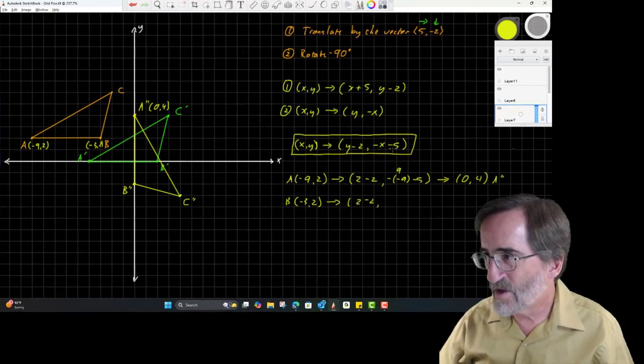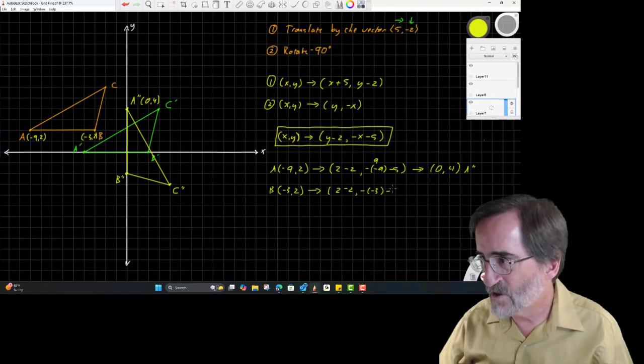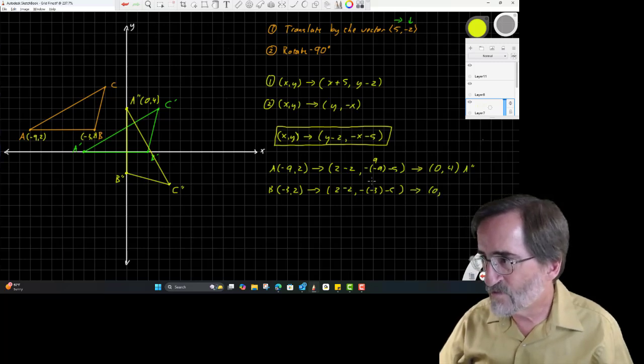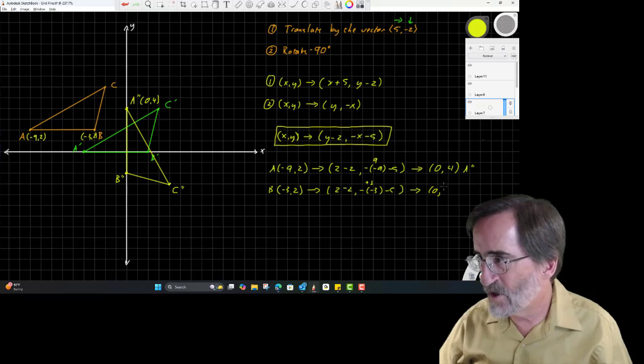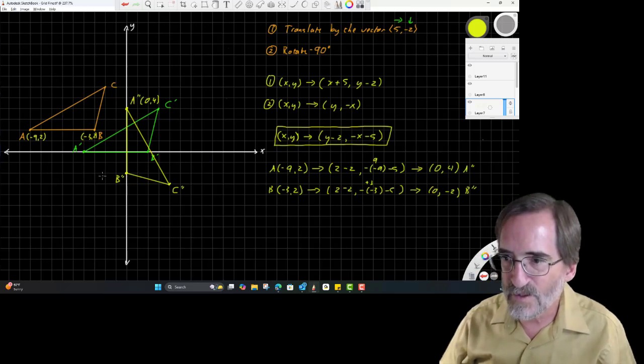Negative x minus 5, negative of negative 3 minus 5. 2 minus 2 is 0. Negative of negative 3 is positive 3. Positive 3 minus 5 is negative 2. So V double prime is at (0, negative 2). There it is, 0, negative 2.